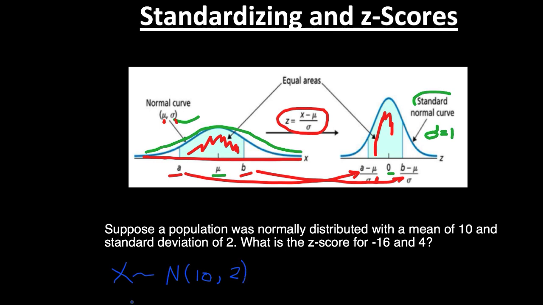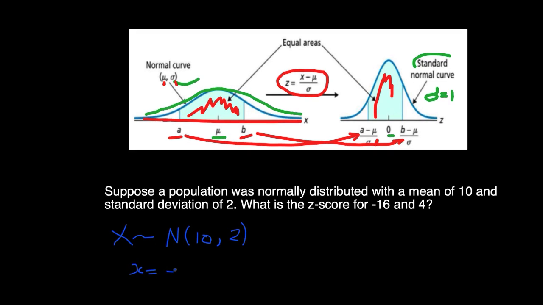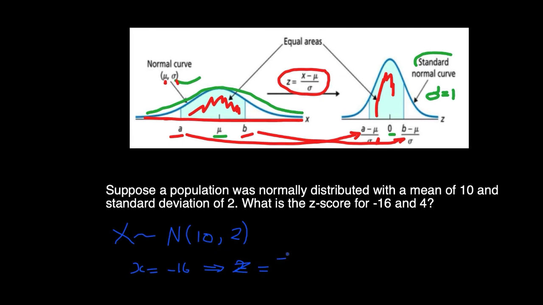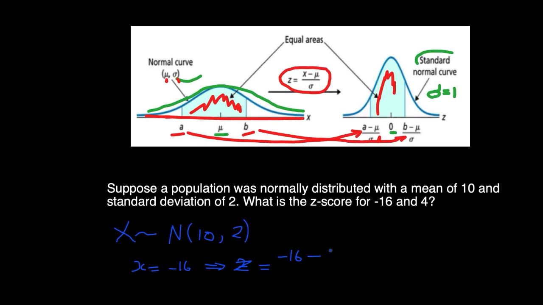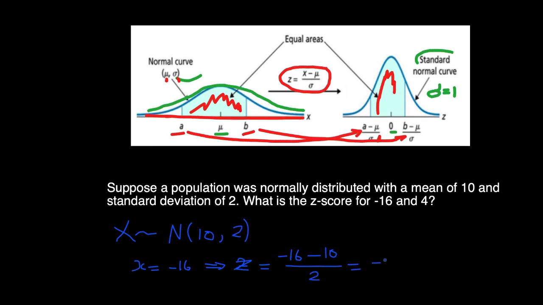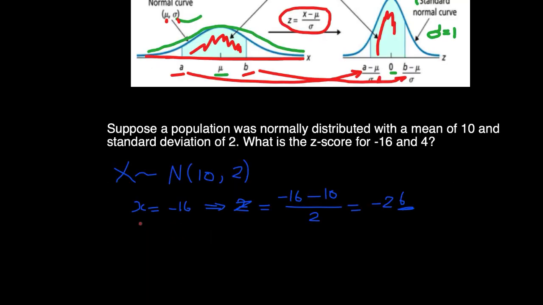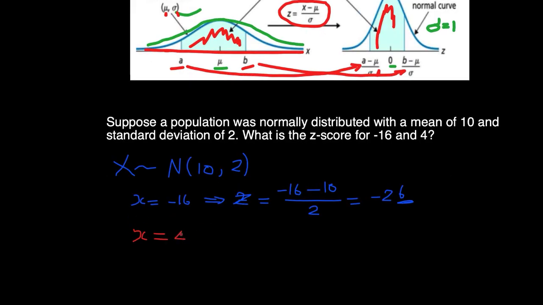So we have one x value, x equals 16. How do we find the z value for this x? Z equals x, here 16, minus mu, mu is 10, over sigma, sigma is 2. That gives 3.